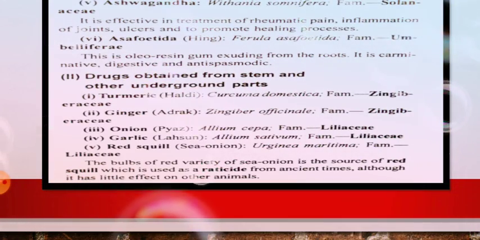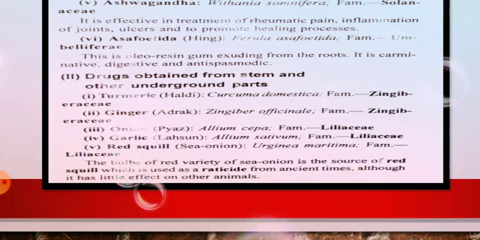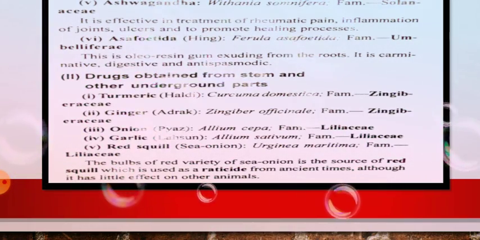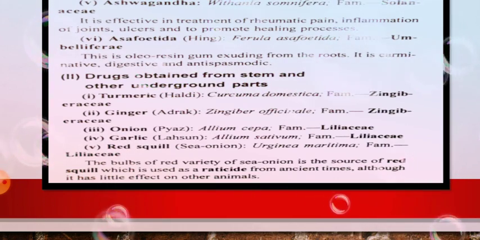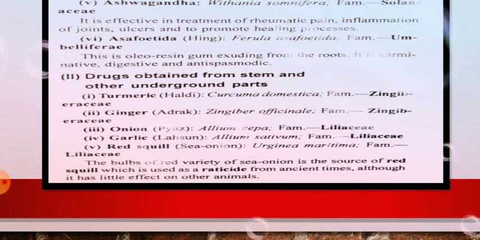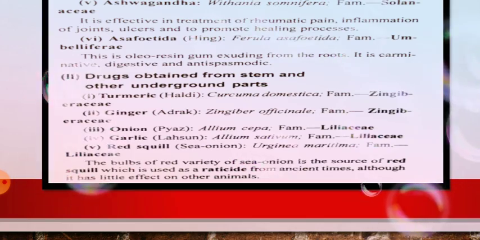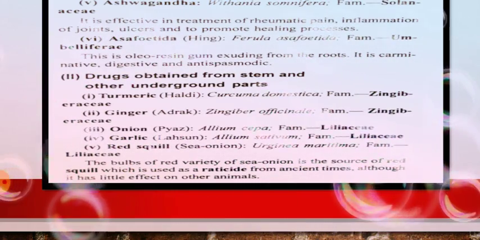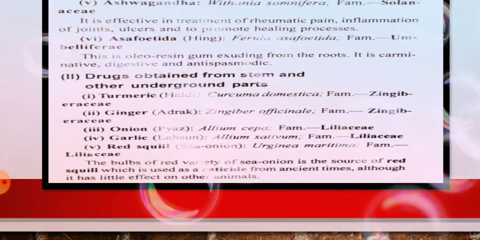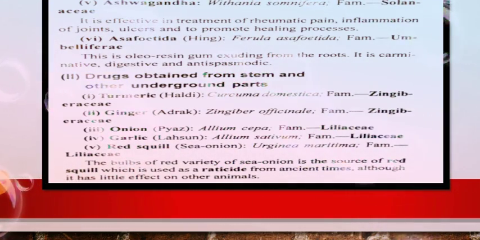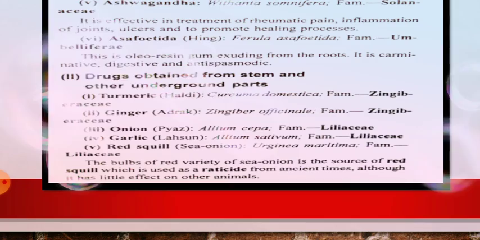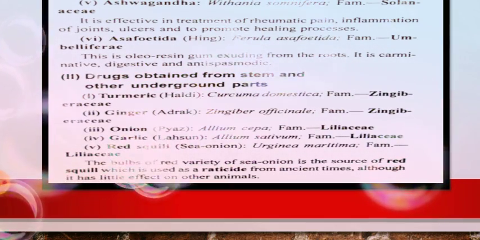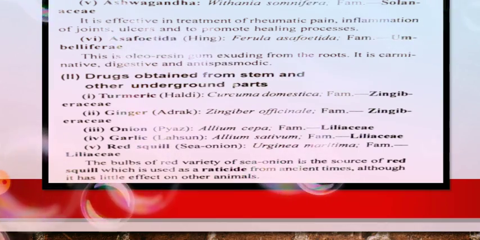Then comes red squill, or the sea onion. Its scientific name is Urginea maritima, and it belongs to the family Liliaceae. The bulbs of the red variety of the sea onion are the source of red squill, which has been mainly used as a rodenticide from ancient times, although it has little effect on other animals.